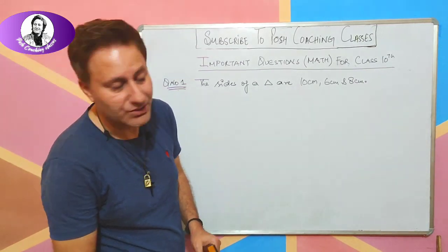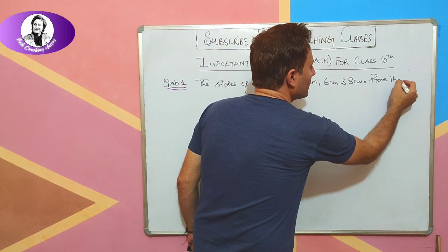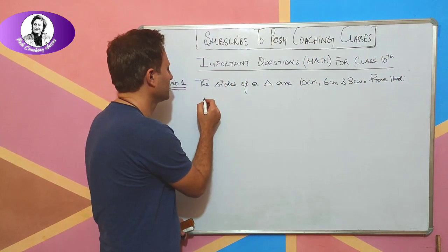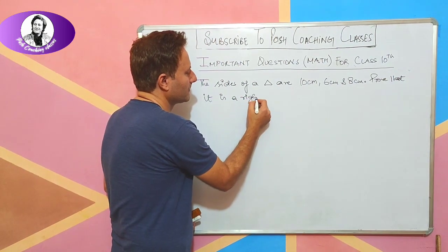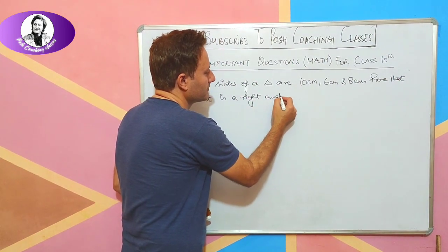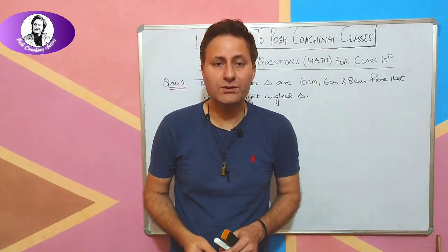Prove that it is a right angled triangle. So this is the question.